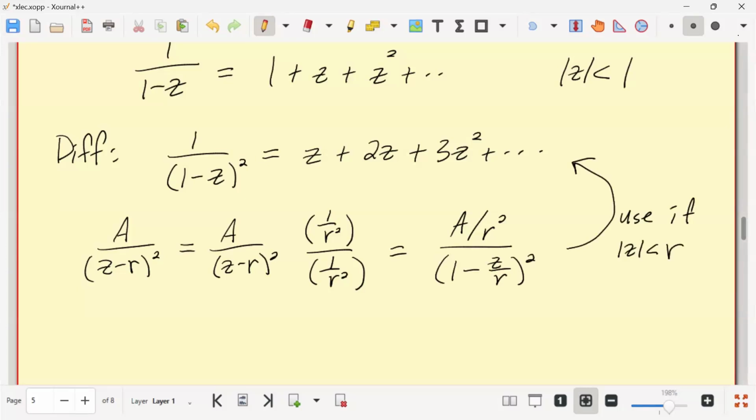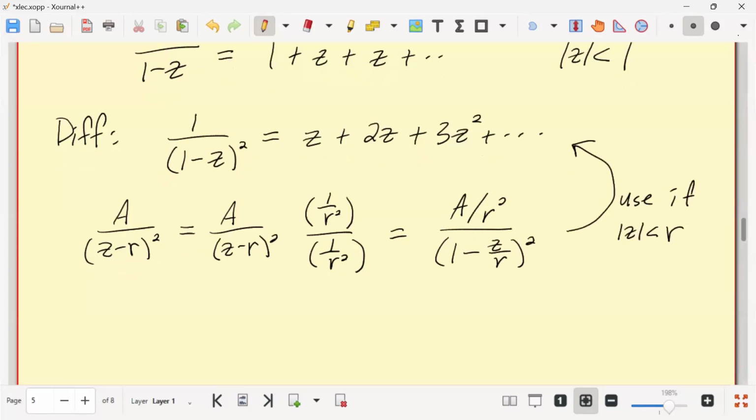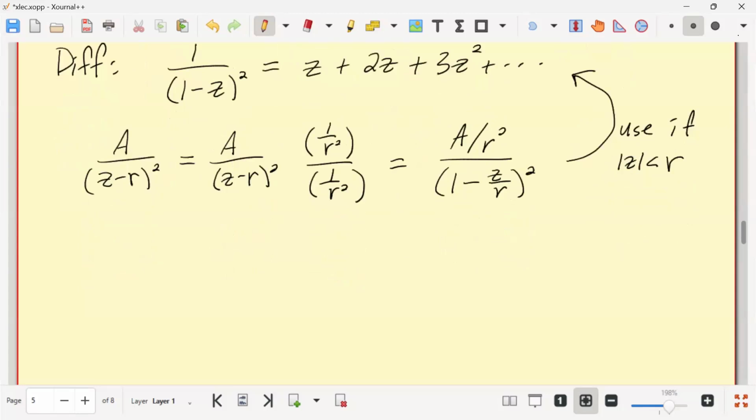If mod z is greater than r, then I do the other trick. And the other trick would be I multiply by 1 over z.